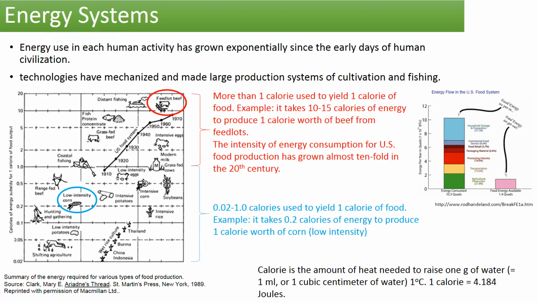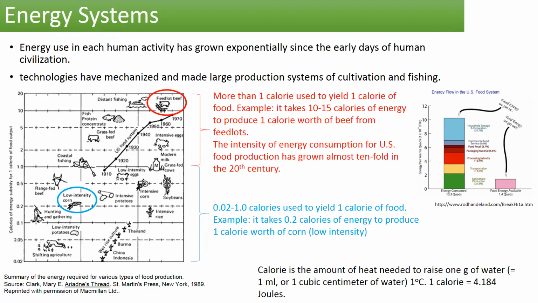But nowadays, well, this graph ends in the 1970s, we have to have 10 calories in order to get 1 calorie worth of food out, okay? It's because the system has changed so much, as I explained before. Nowadays we have so many people, the system is even larger, it's concentrated, it's heavily mechanized, okay? You have to input more energy in order to get 1 calorie worth of food, okay? Any questions on that?